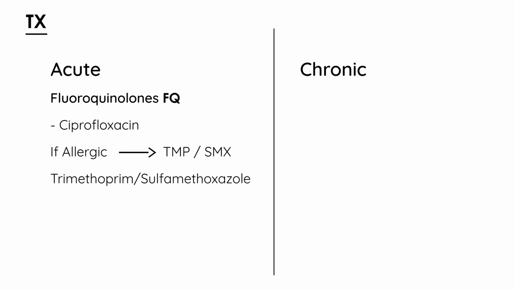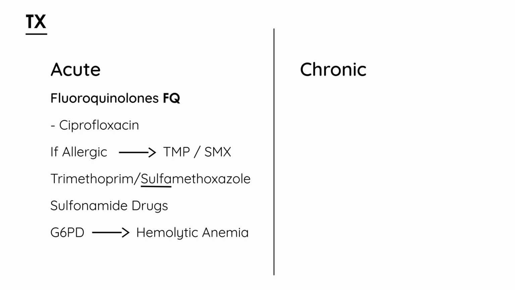One thing I wanted to mention with this drug is that it's a sulfa drug, also known as a sulfonamide, and sulfonamide drugs are to be used with caution in patients that have G6PD because they can cause hemolytic anemia, and that is an important point that shows up on exam questions. Just keep that in mind.